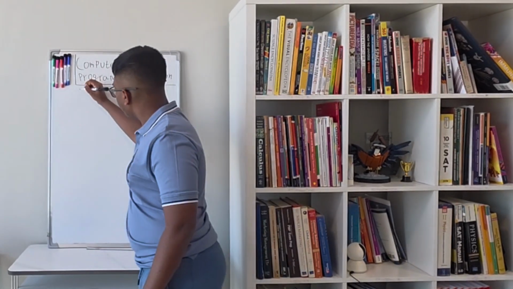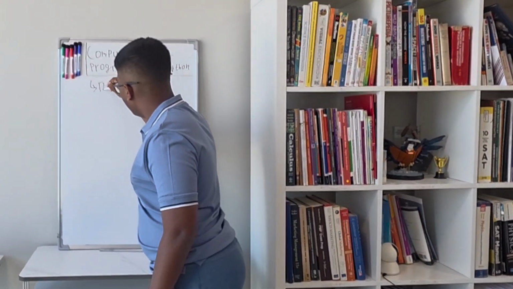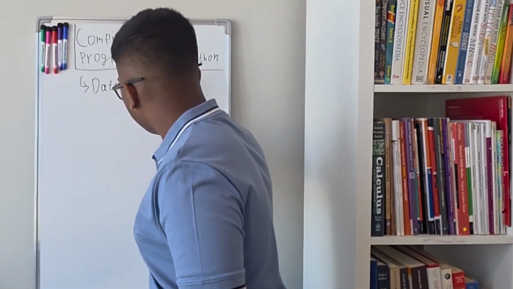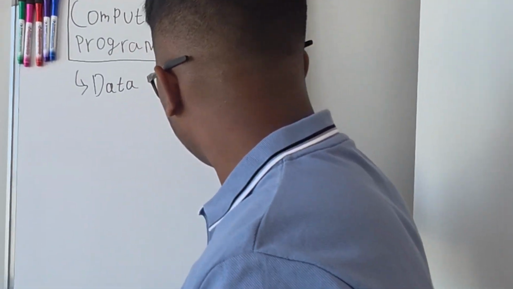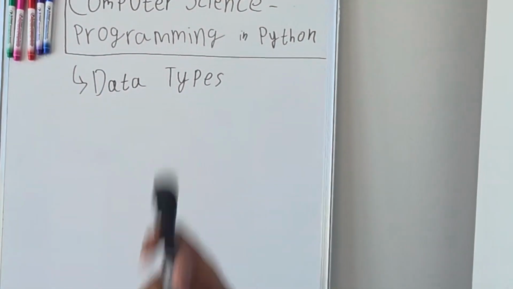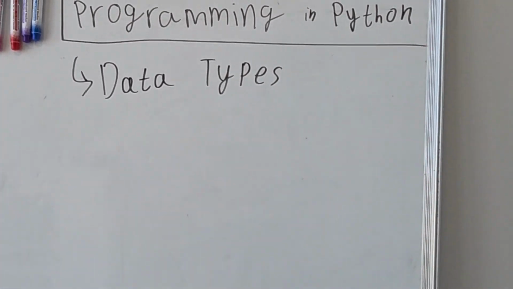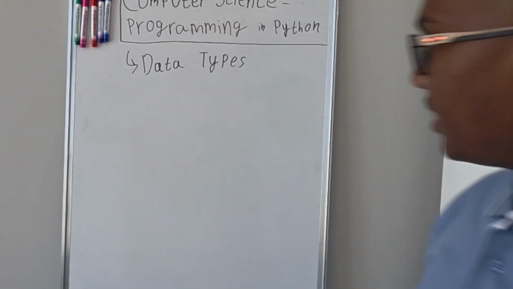Now, here is the first video in the series, which is known as data types. Now, data is any form of information, such as the words that I'm speaking or the video that you're getting on your computer.